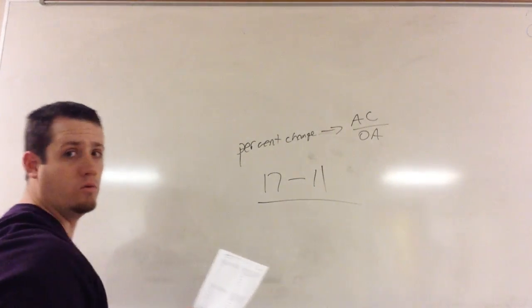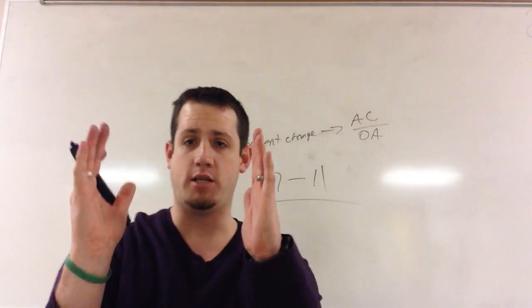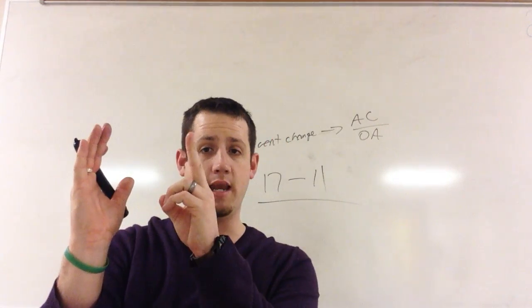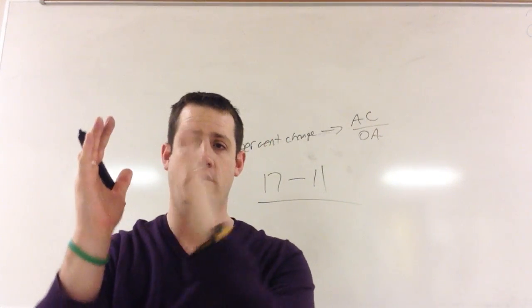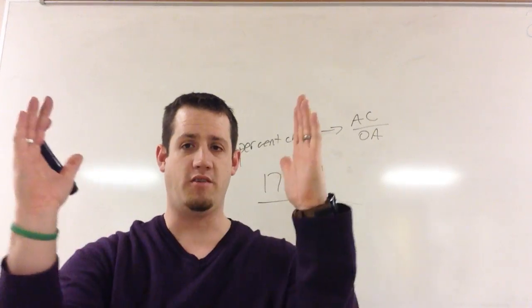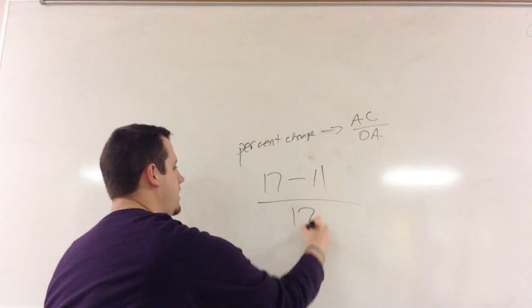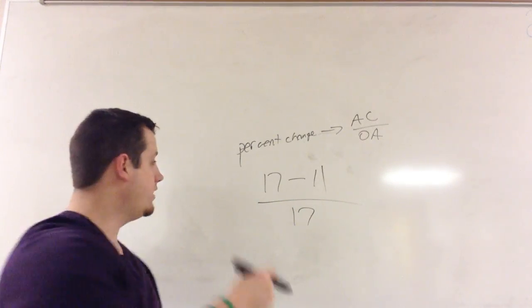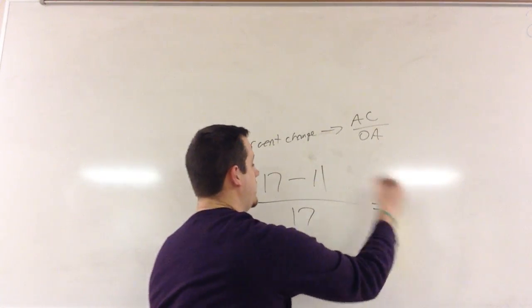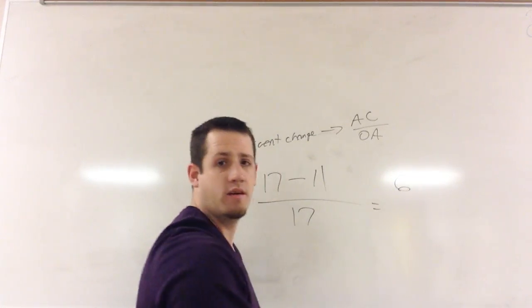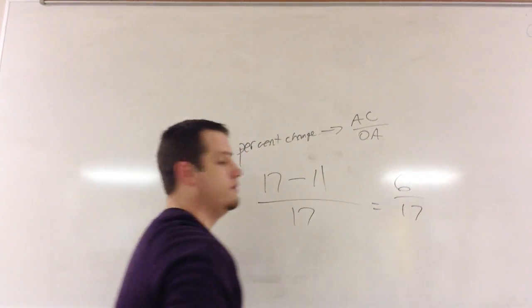Well, if the board was 17 inches long, and then you cut it and made it 11 inches long, which one's the original? The 17 or the cut length of 11? Should be obvious. The 17 is the original amount. So I do 17 minus 11. I end up with 6 over 17.